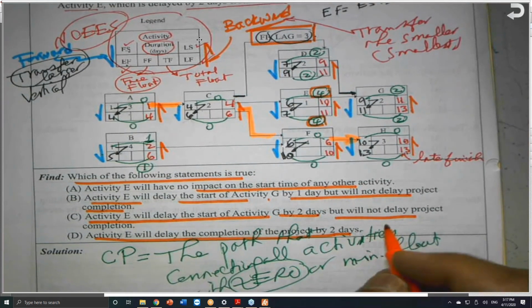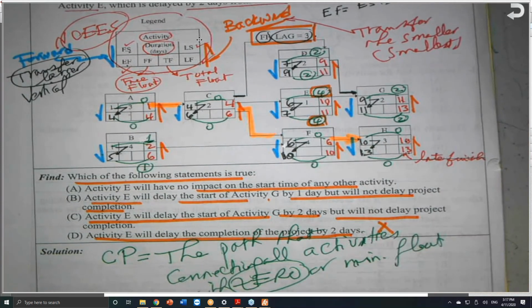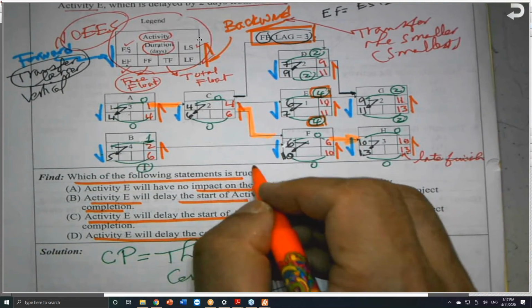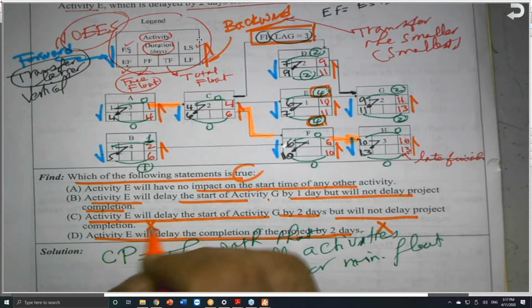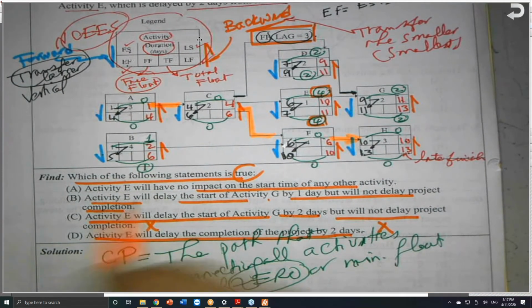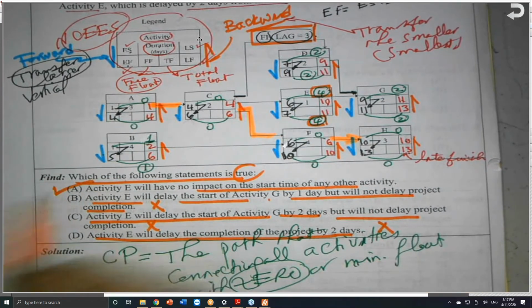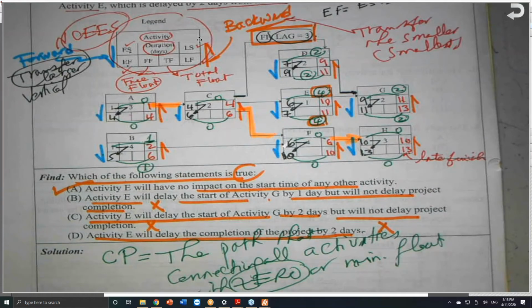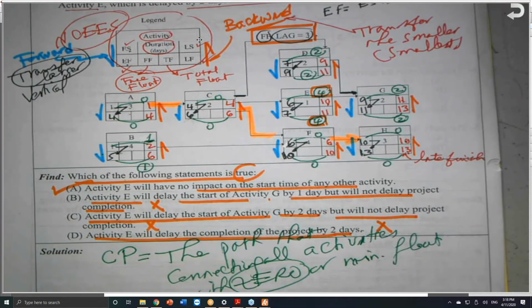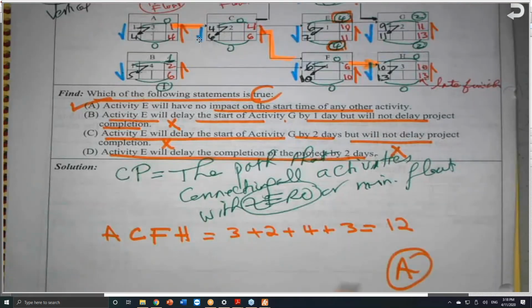So this is not correct. He said which one is true. The second statement is not correct. The statement that activity E has no impact on the start of any other activity is the correct answer, and this is answer A.